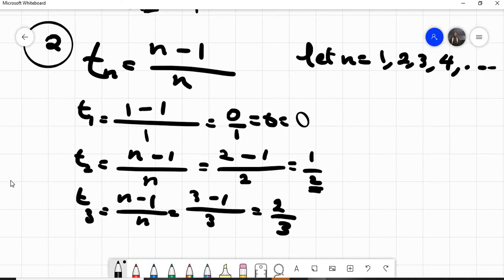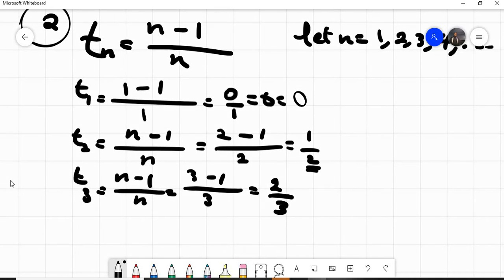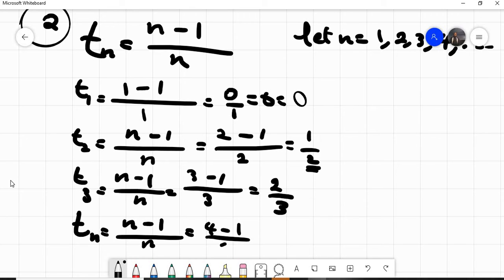And then T4, let's see what T4 is. T4 is n minus 1 over n, 4 minus 1 over 4, which is 3/4. So it's increasing.